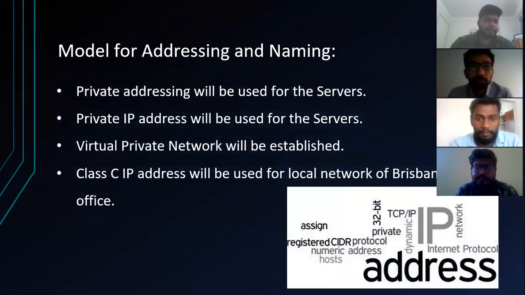And the IP addressing used here for communicating between the servers inside the organization is private addressing, because all the servers are located at one place in the Brisbane office. So private addressing is used between them. And private IP addresses are used for the outside users too, like farmers and delivery truck drivers who will be accessing.